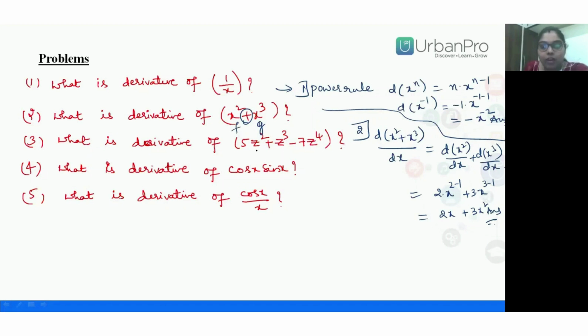What is the derivative of 5z square plus z cube minus 7z power 4? You have to follow the same procedure, the power rule only.